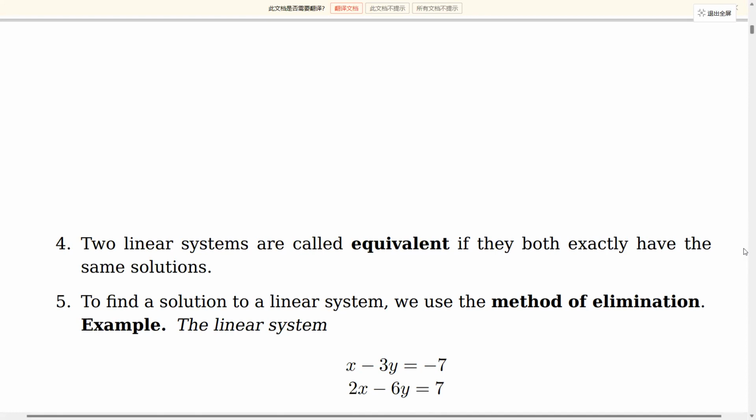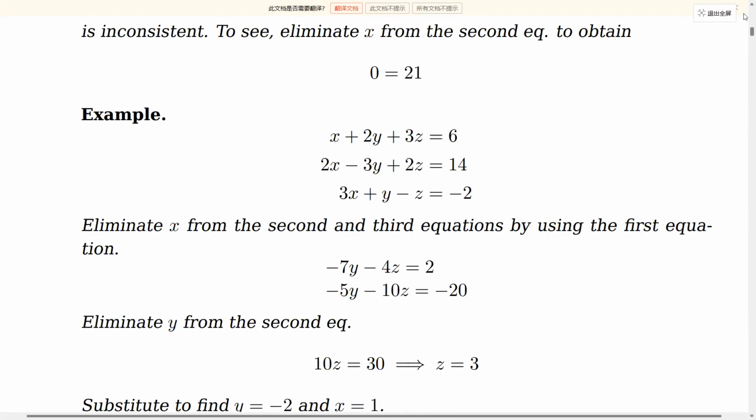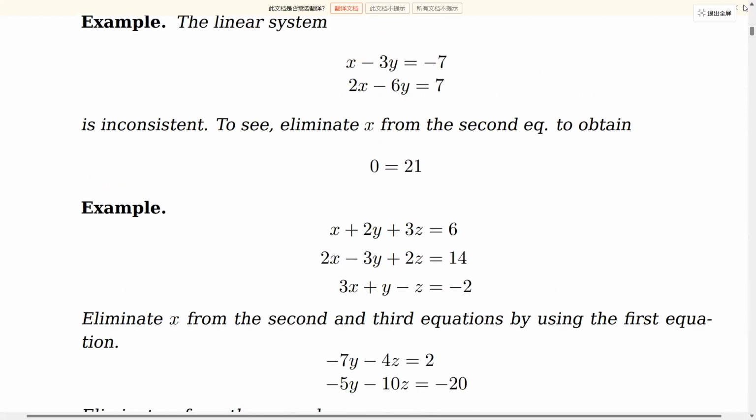In large systems, if you have a lot of equations with a lot of variables, you usually do elimination instead of substitution. Okay, so how do we do that? It's pretty straightforward, I think.